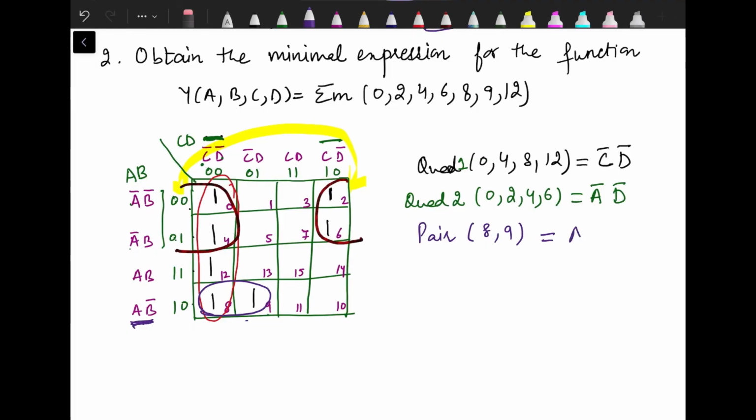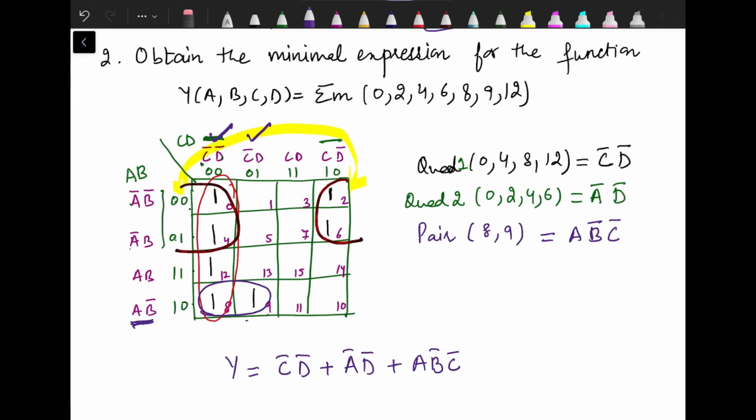A is 1, so A is written as it is, B is 0, B complement. And we look at the column side. C remains the same, its value is 0, so it's written as C complement. So what's the final expression of Y? Y equals C complement D complement plus A complement D complement plus A B complement C complement.